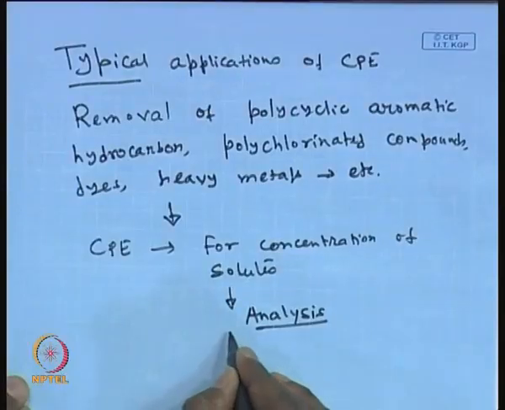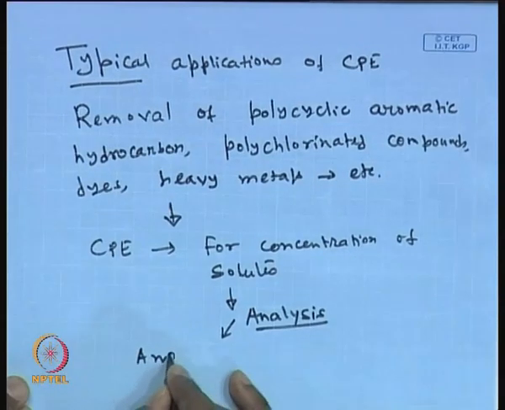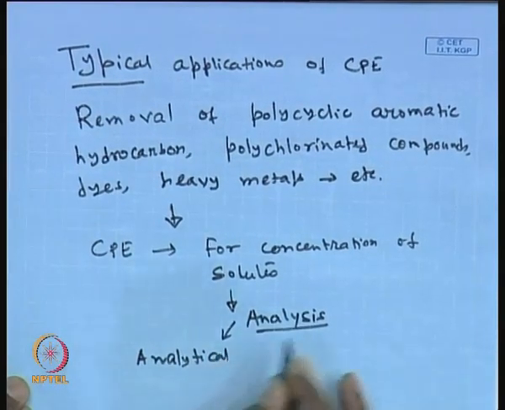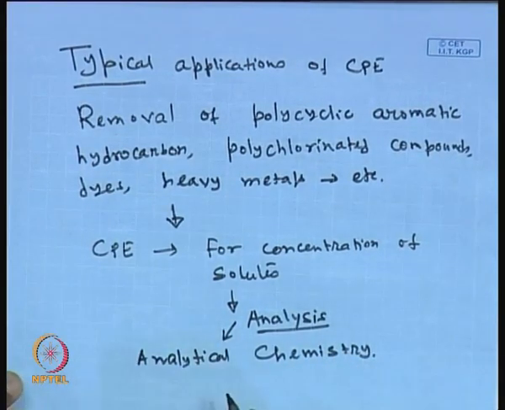So, cloud point extraction is often used as an analytical tool to increase the concentration of such a pollutant, so that it can then be detected in an instrument. This is a very useful method for analytical chemistry. This is a useful method as far as pollution control is concerned, and also as far as analytical chemistry is concerned.